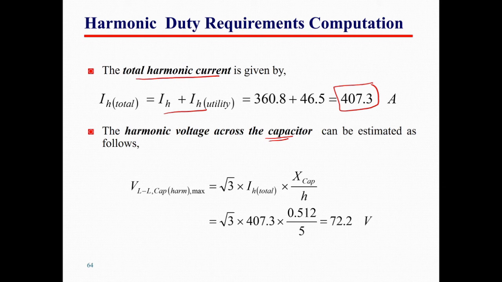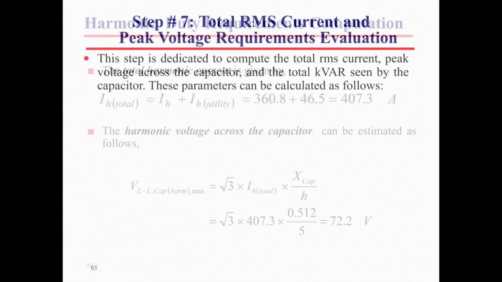The fifth harmonic voltage applied across the capacitor will be given by the reactance of the capacitor for the fifth harmonic multiplied by the total fifth harmonic current, of course times root 3 because this is the line voltage. So that will be 72.2. That will be the harmonic voltage across the capacitor.